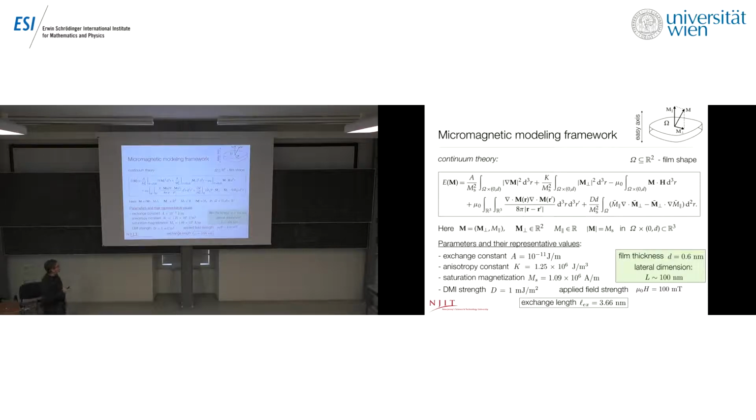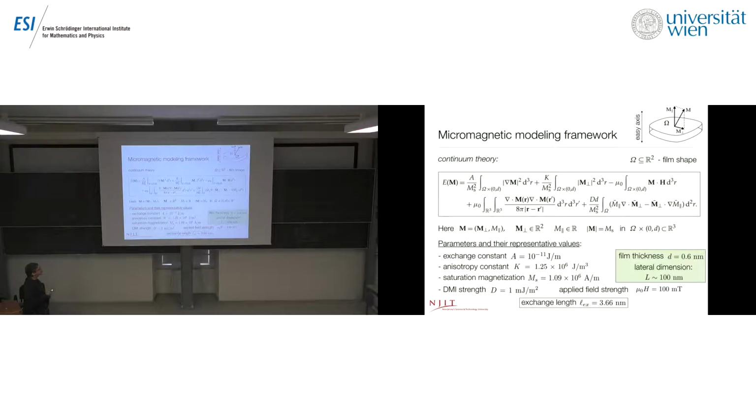down magnetizations, then the applied field effect, the so-called Zeeman energy, then the stray field interaction energy, where essentially it's an interaction between so-called magnetic charges, whose charge density is just the divergence of the magnetization. And this divergence needs to be understood in the distributional sense, so that divergence also includes the contributions coming from the boundary of the three-dimensional ferromagnetic sample.